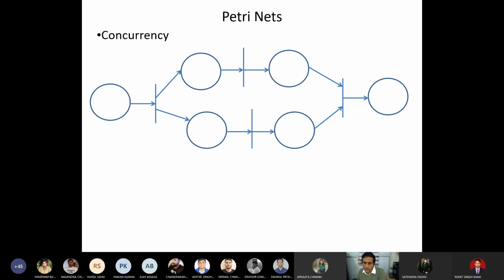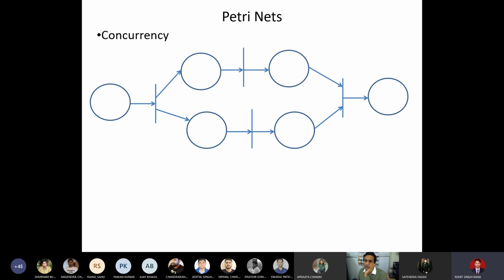Any doubt here, Rohit? Yes, you are going to ask something. Sir, at the time when all transitions are fired, in the last transition, will there be two tokens?